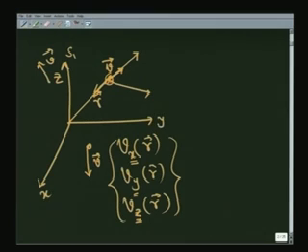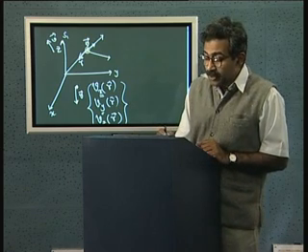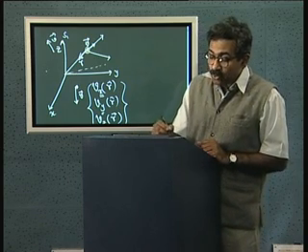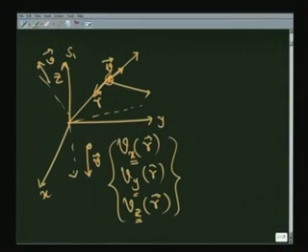Now, we naturally ask the question, what would happen if I did not consider this coordinate system, but I rotated my coordinate system in this particular manner? So I have chosen some arbitrary axis n and I have rotated my coordinate system, because of which my y moved to y prime, my x moved to x prime, and my z moved to z prime.